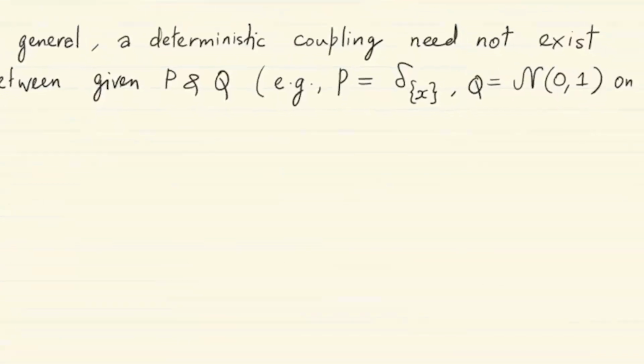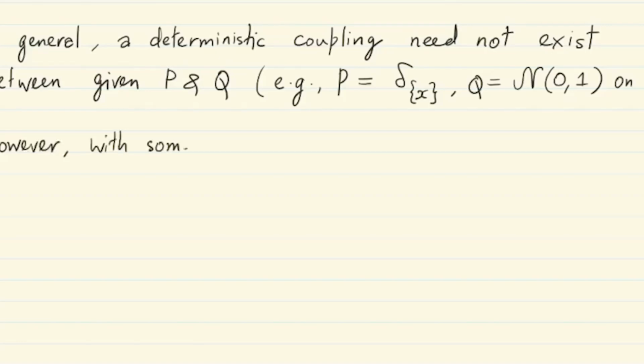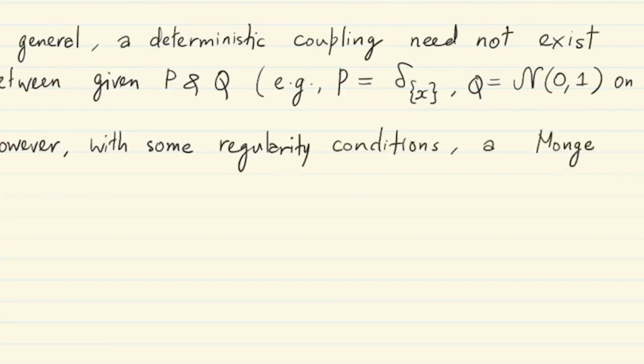However, with some appropriate regularity conditions or smoothness conditions on the probability measures P and Q, a Monge coupling, which is essentially a deterministic transport plan from x to y, exists.